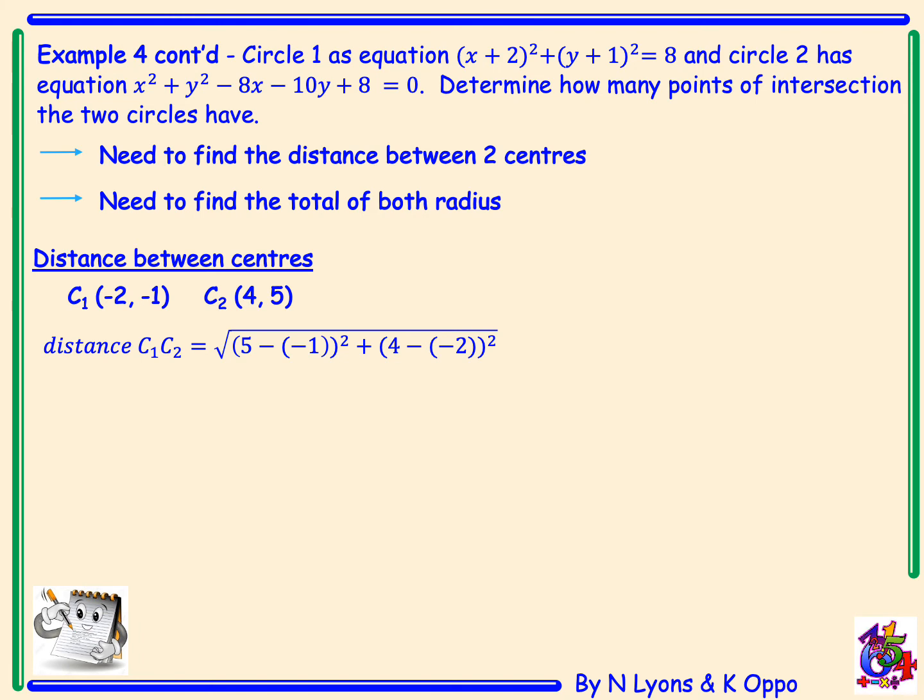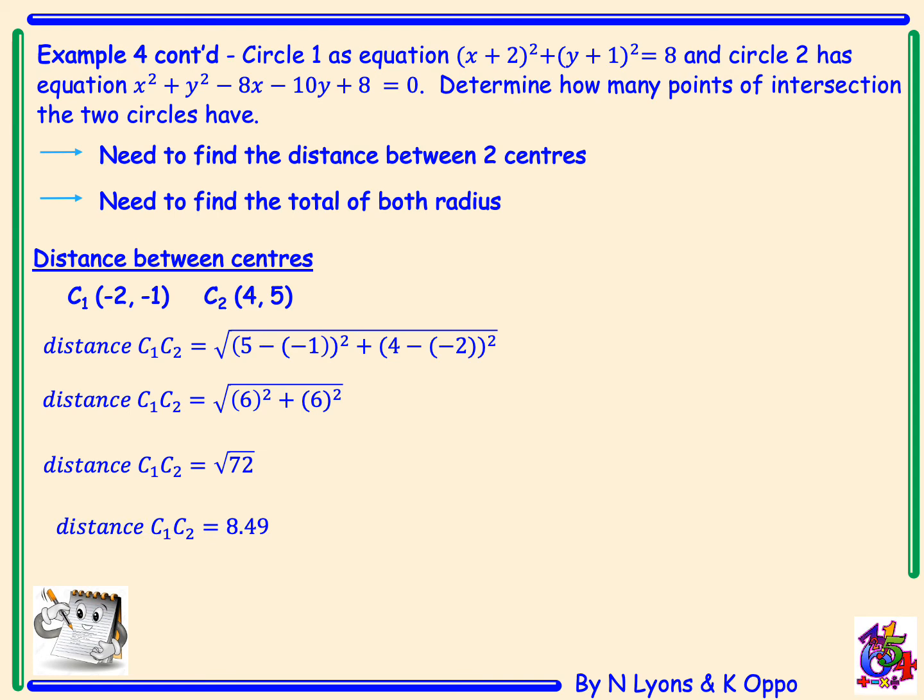So using our distance formula, we do y2 minus y1 and x2 minus x1, we get 5 minus minus 1 all squared plus 4 minus minus 2 all squared, and we need to take the square root of this. So we'll get 6 squared plus 6 squared, which is the square root of 72.